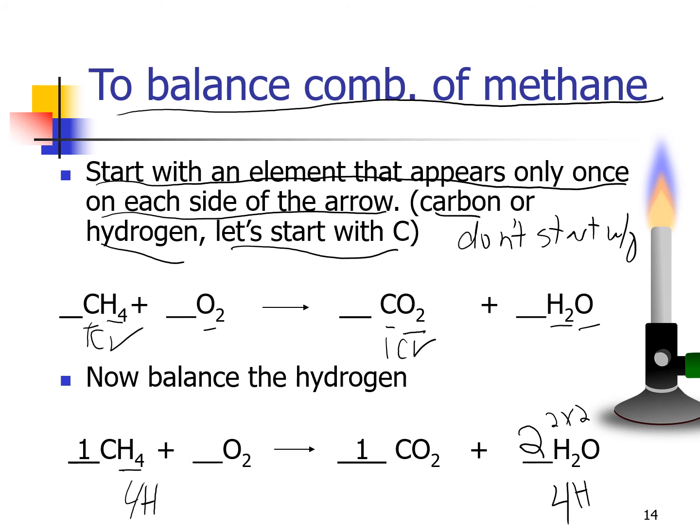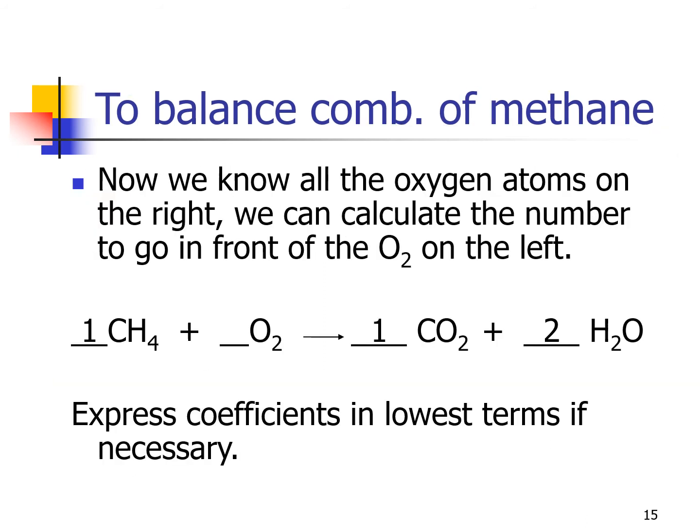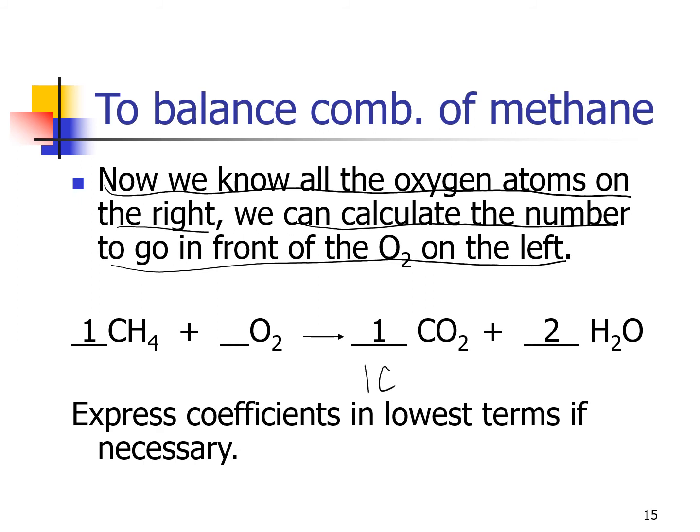Now we'll move on to oxygen. Now we know all the oxygen atoms on the right. We can calculate the number to go in front of the oxygen on the left. So let's look at our oxygens on the right. In carbon dioxide, we have 1 carbon and we have 2 oxygens. For 2 water molecules, we have 2 times 2, we said, is 4 hydrogens, and 2 times the oxygen gives me 2 oxygens.